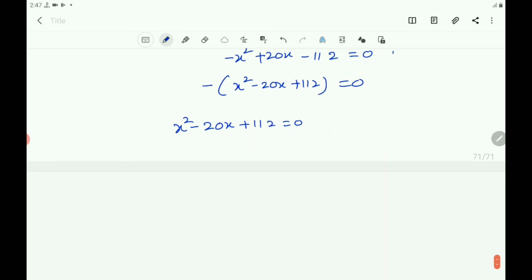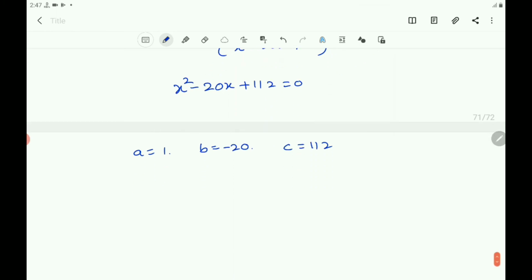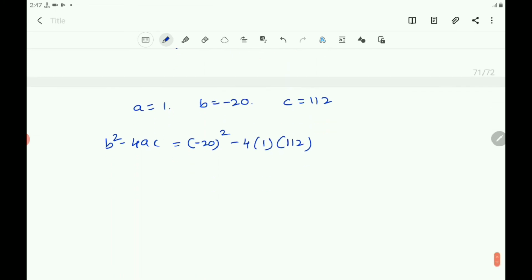Now you find the value of a, b and c. A equals 1, b equals minus 20, and c equals 112. Find the discriminant part to find whether the root exists or not. If the root exists, then the situation is possible. So you take b square minus 4ac. b is minus 20 whole square, minus 4 into a is 1, c is 112.